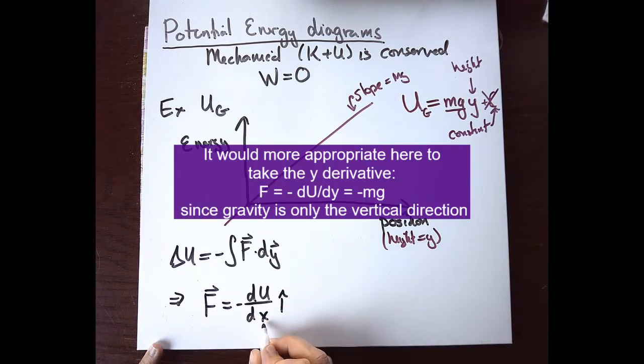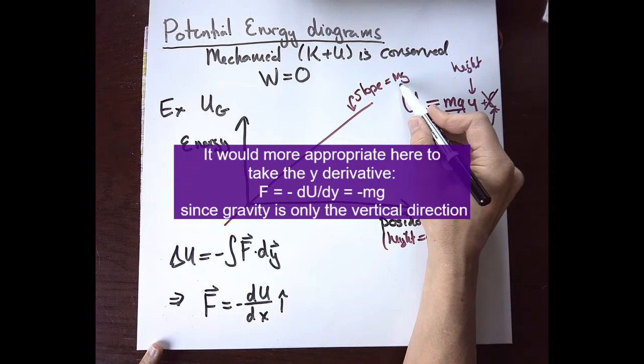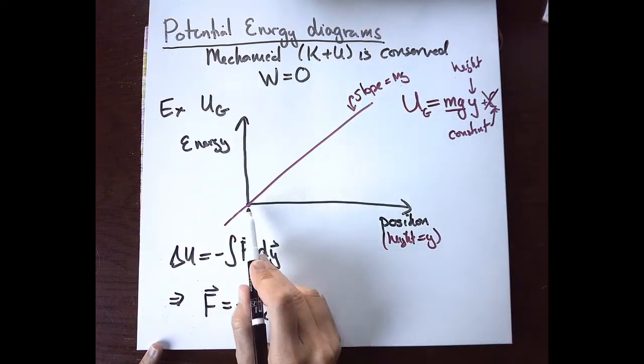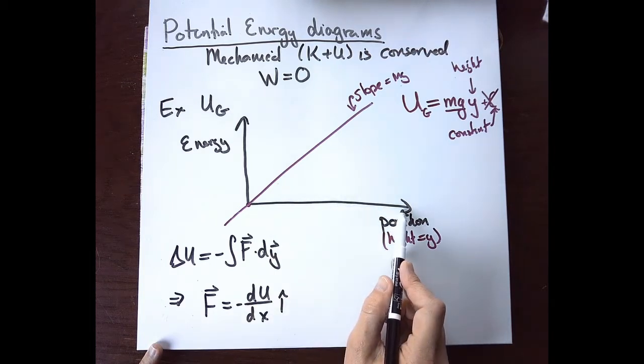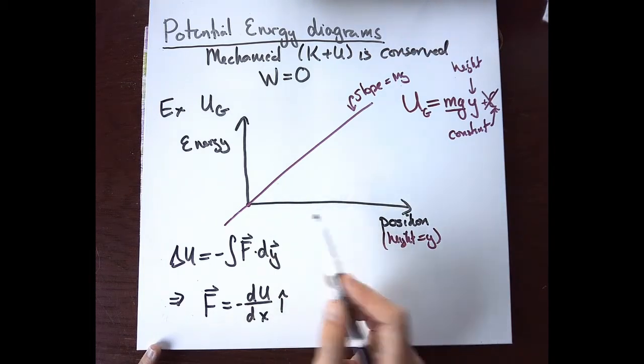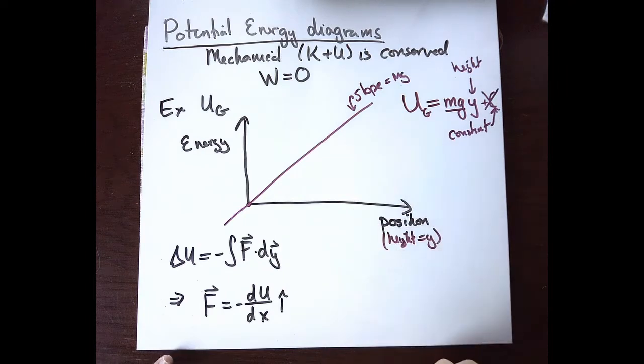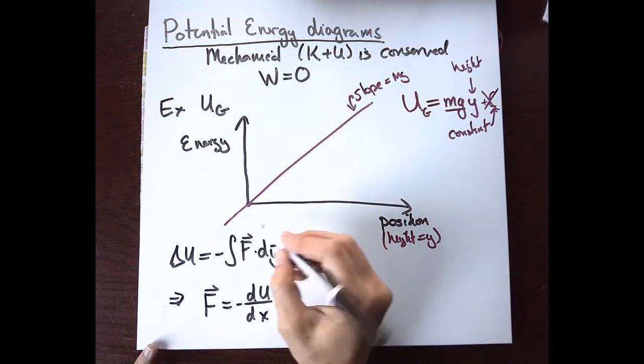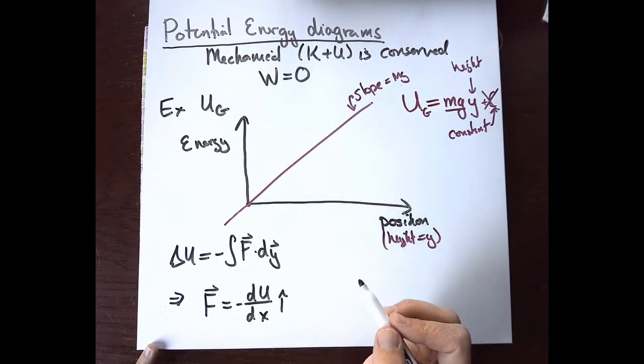And if you take the x derivative, that'll give you the x component. So the force is going to be negative the slope. The slope's mg, the force due to gravity is negative mg, where negative says, okay, if we're making this go higher, the force is opposite that direction. So that makes sense. The force is always going to be down, pushing you down towards the ground or whatever is at 0 here.